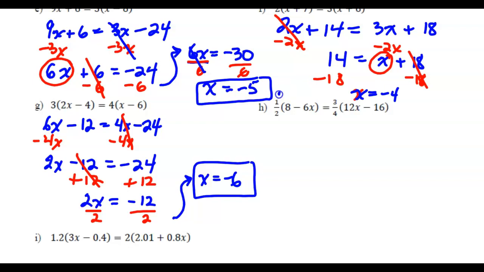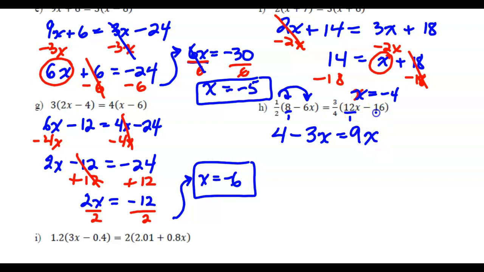So when you multiply a half times 4, half times 8, you get 4. A half, remember 8 is like 8 over 1, so that's going to be 4. A half times negative 6, well, a half of negative 6 is negative 3, so subtract 3x. 3/4 of 12, I made them sort of nice fractions, but if you want to show that as 12 over 1, then that's going to be 36 over 4, which is 9x.